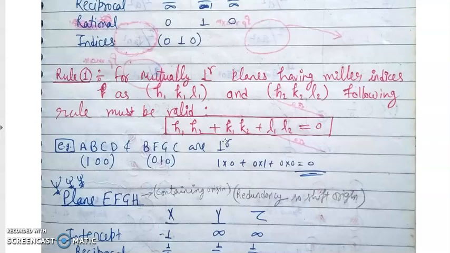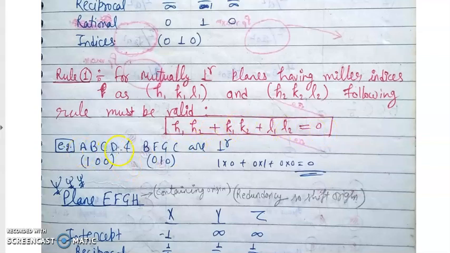Now there is a rule for mutually perpendicular planes having Miller indices H1, K1, L1 and H2, K2, L2. The following rule must be valid: if two planes are perpendicular, then H1 H2 plus K1 K2 plus L1 L2 will be equal to 0.